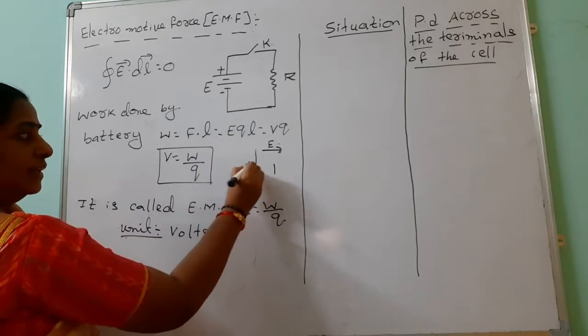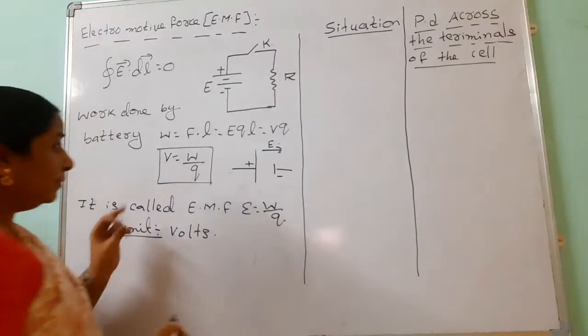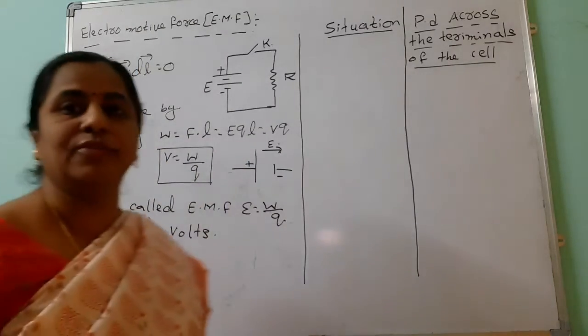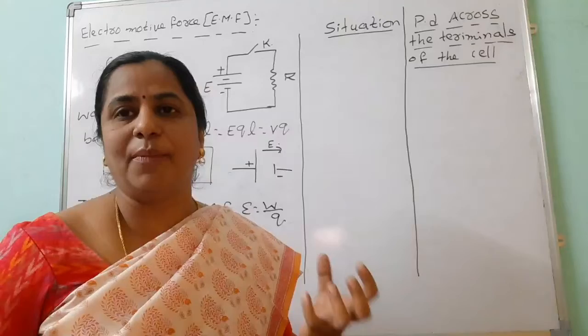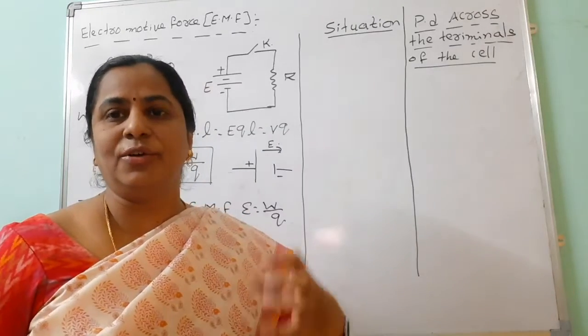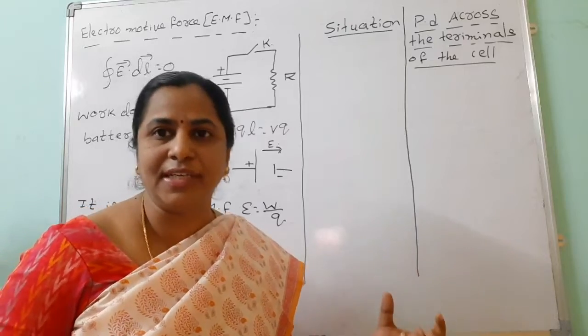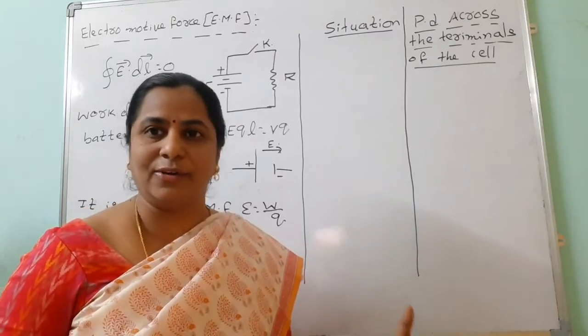Here also we can represent positive and negative. That's why the role of the battery is nothing but electromotive force. The definition is the amount of energy required to move a unit positive charge around the entire circuit, externally as well as internally. That is called the electromotive force.